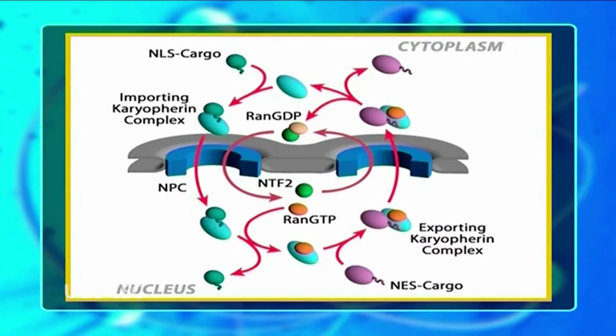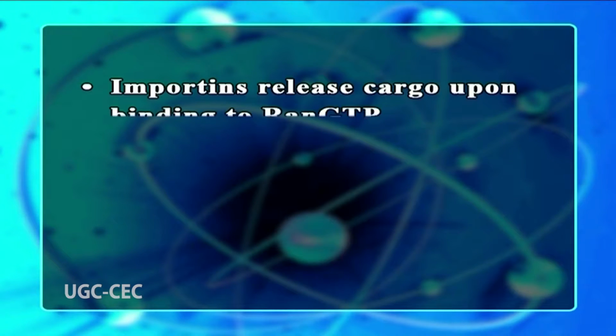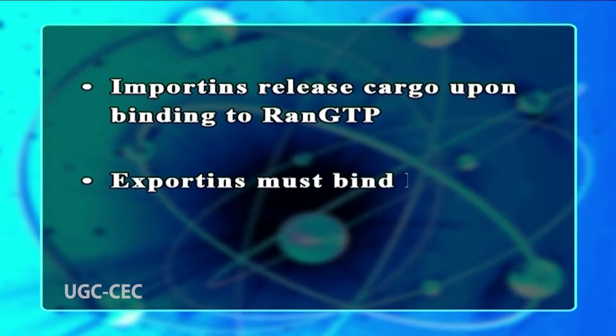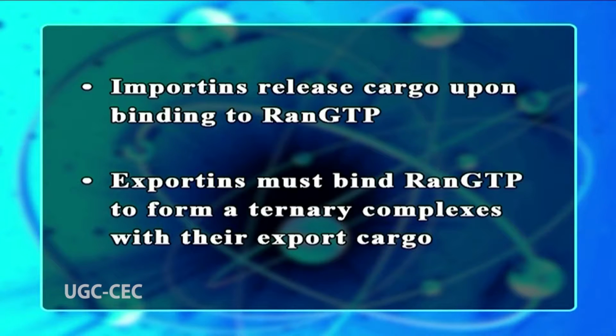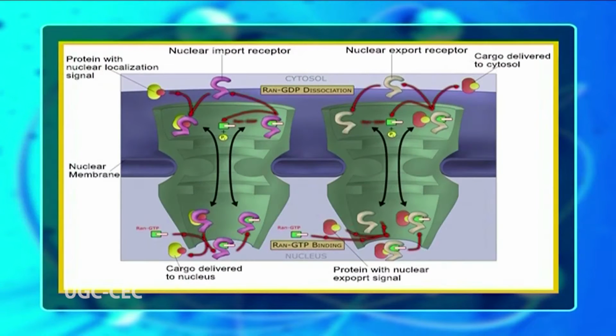In its GTP bound state, RAN is capable of binding karyopherins, importins and exportins. Importins release cargo upon binding to RAN GTP, while exportins must bind RAN GTP to form ternary complexes with their export cargo. The dominant nucleotide binding state of RAN depends on whether it is located in the nucleus or the cytoplasm.